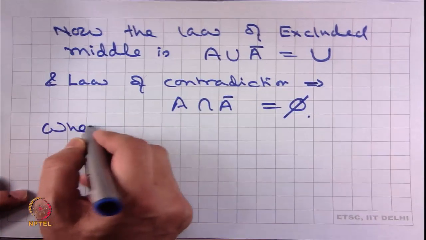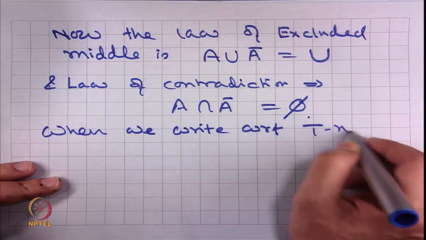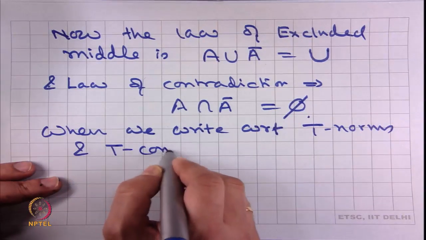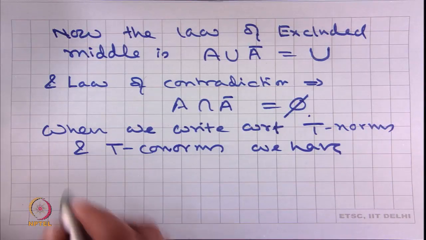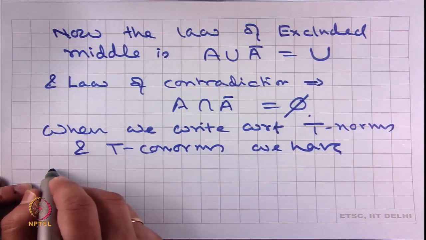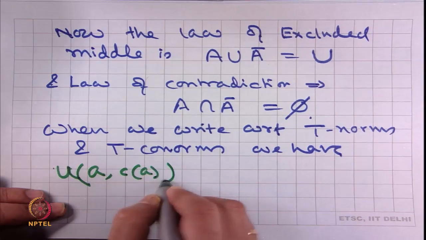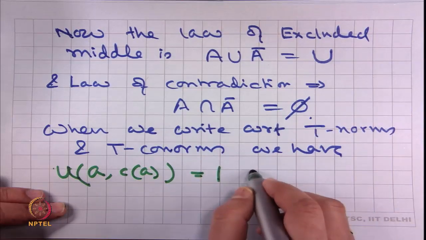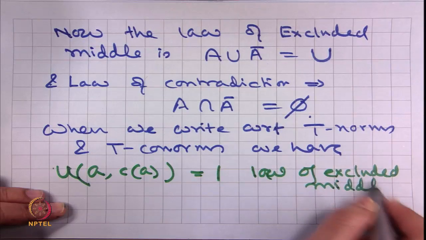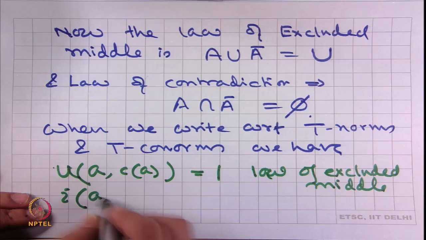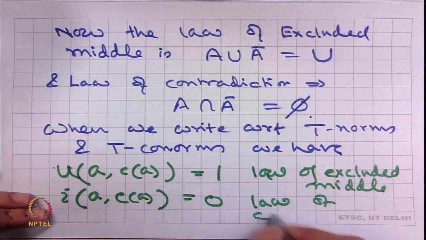When we write this with respect to T-norms and T-conorms, we have U of A comma C of A is equal to 1, which is the law of excluded middle, and I of A and C of A is equal to 0, the law of contradiction.